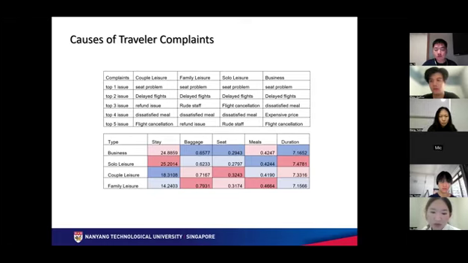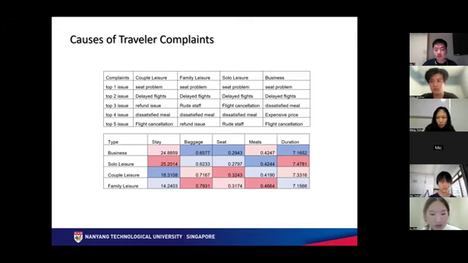Besides, business travelers frequently complain about the expensive price and flight cancellation. Complaints from solo leisure travelers also focused on flight cancellations and the stop service. And the couple leisure travelers posted low review ratings on almost all aspects, and their complaints were often related to refunding issues and flight cancellations.